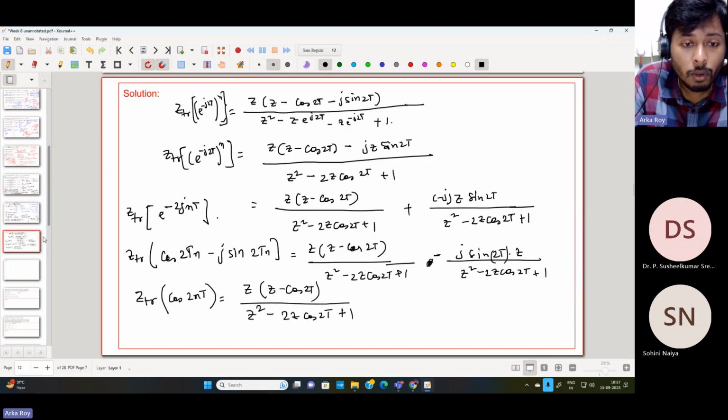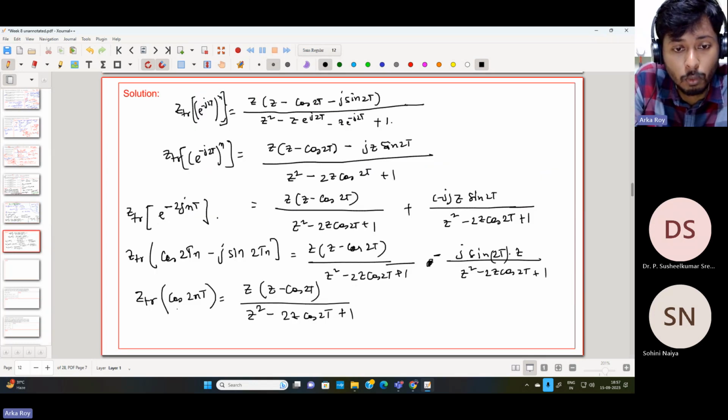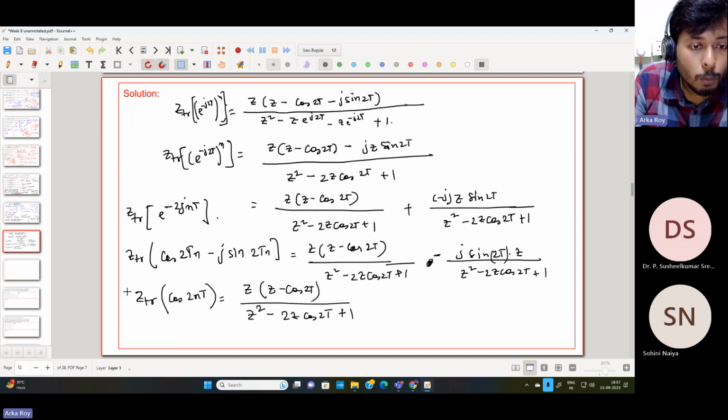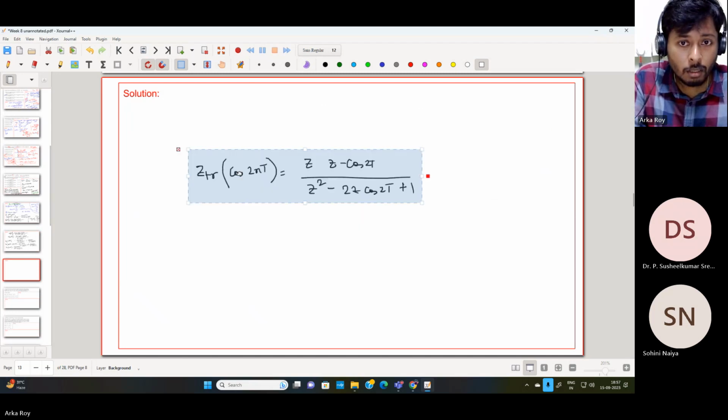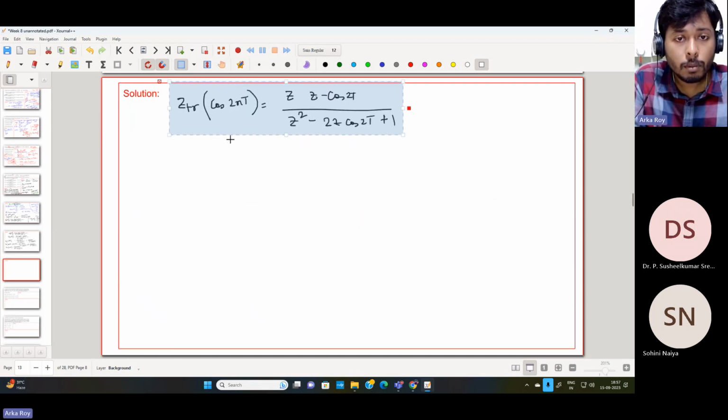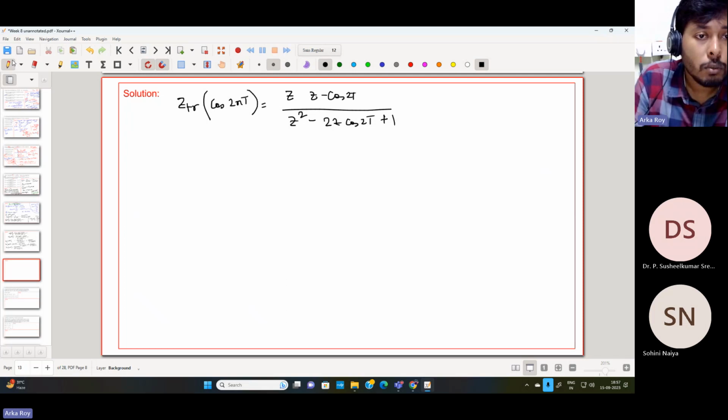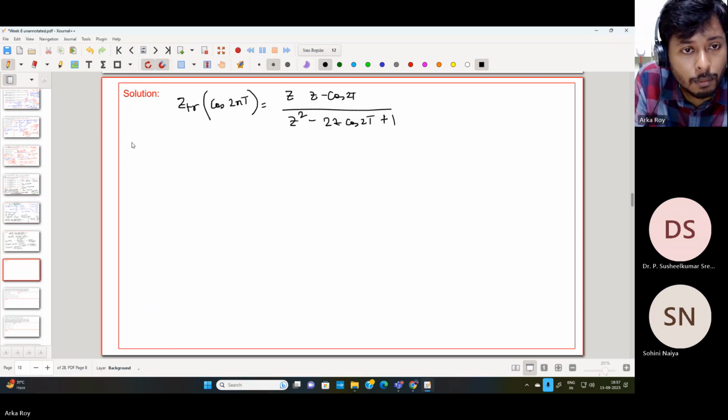That is what we have found over here, that the z transform of cos 2tn is reduced to this form. So if I just copy this part in the next page, this is the z transform of cos 2tn. Now we will be happy to find the next part.